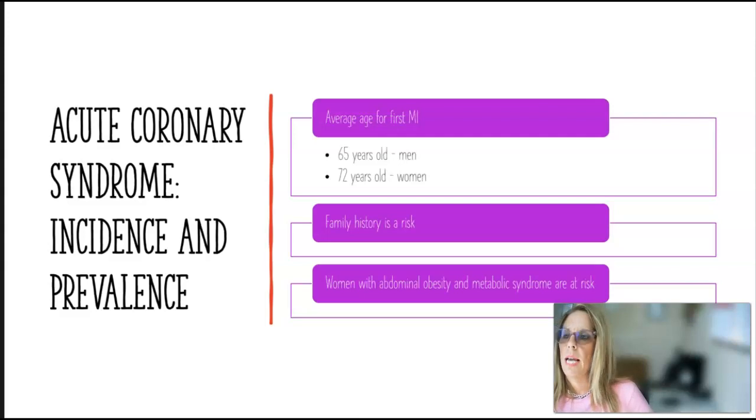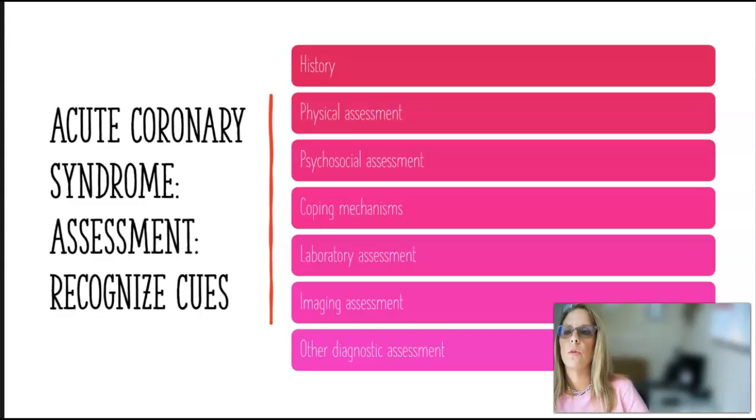So let's look at our assessment and cues that you want to have on your care plan. History: if patients have a lot of symptoms, we may not have a lot of historical or subjective data that we're able to collect.